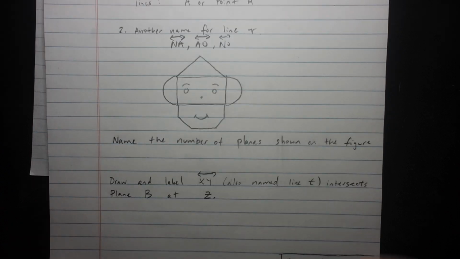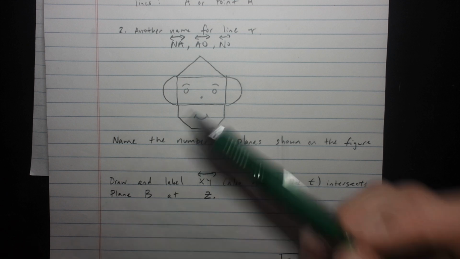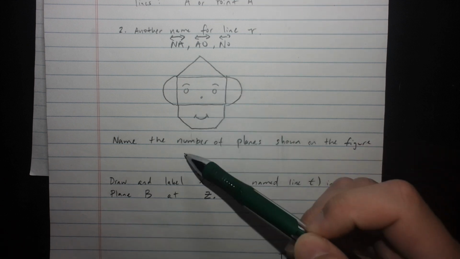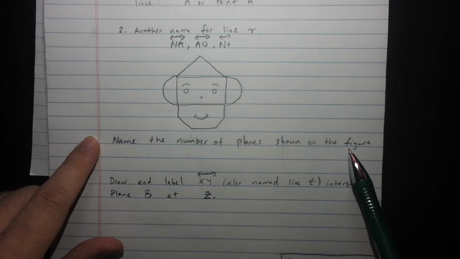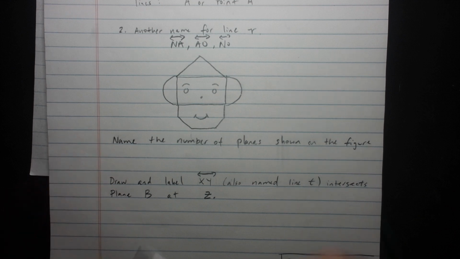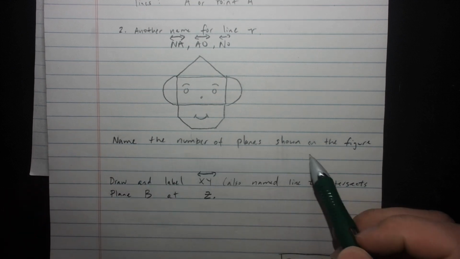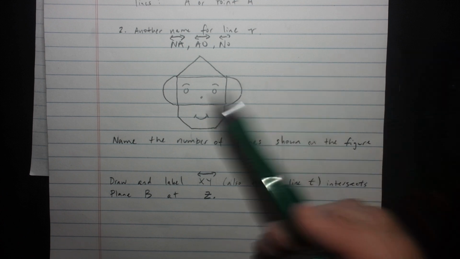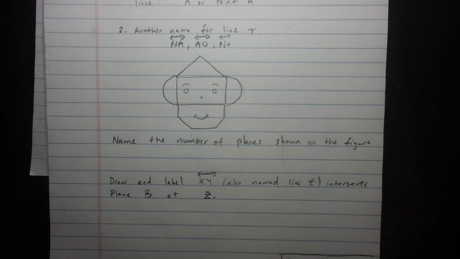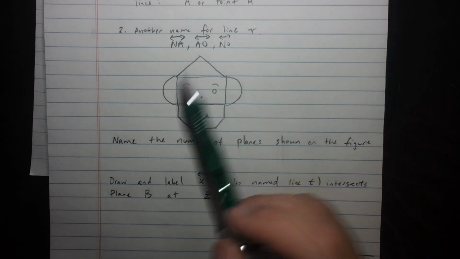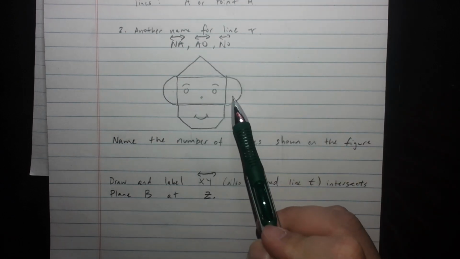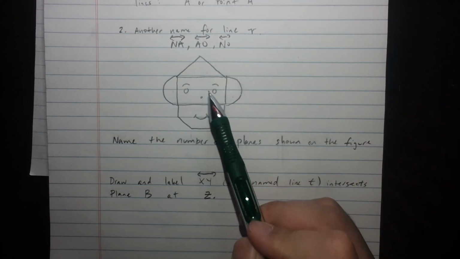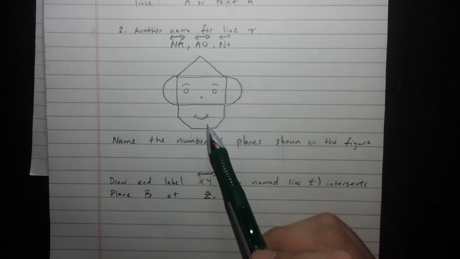Okay, so now what we're going to go ahead and do is use this figure to answer this one question here. It says, name the number of planes shown on the figure. And this is going to be really, really easy. We got multiple planes that create this one picture that we have here. So we have a semicircle, a triangle, a rectangle, and we have a trapezoid here.